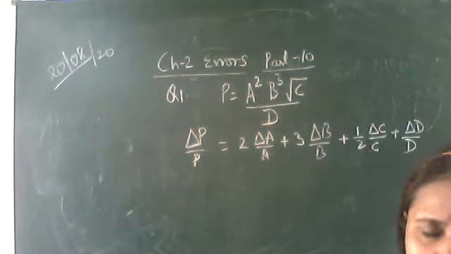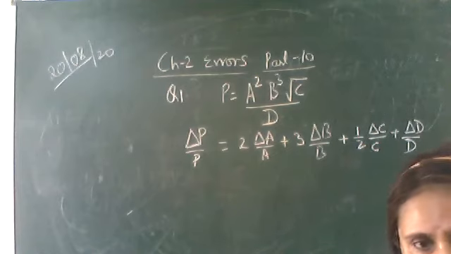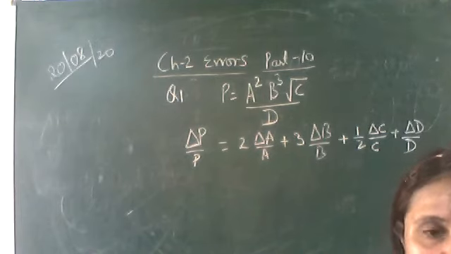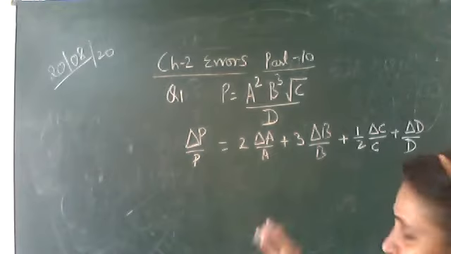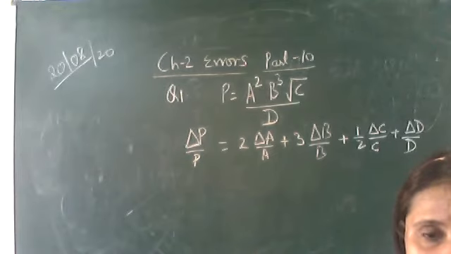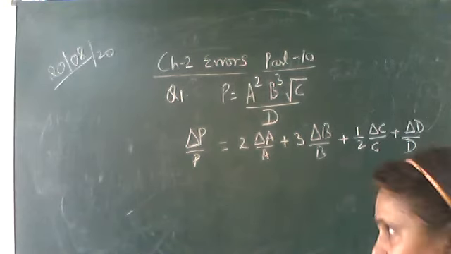Just multiply that -1 by plus into minus. This is binomial expansion, because a few maths topics are related to physics that we have to study. Don't worry about that. Is this clear? Everyone got this answer? Yes, ma'am. Okay, very good.